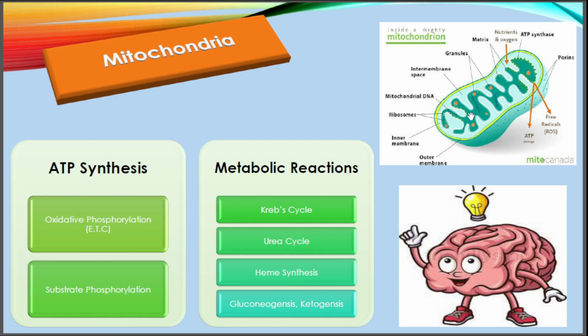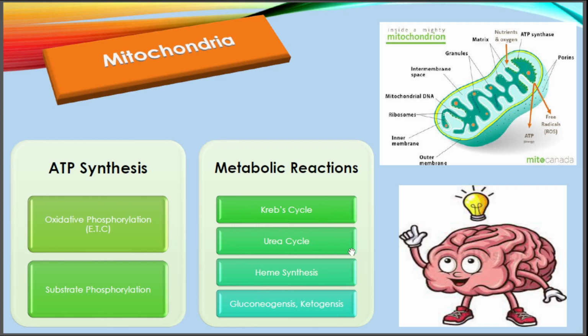This adenosine triphosphate is synthesized by two processes, that is oxidative phosphorylation from the electron transport chain or the substrate-level phosphorylation. Now this ATP acts as an energy unit and helps in metabolic reactions like the Krebs cycle, urea cycle, heme synthesis, gluconeogenesis or ketogenesis.